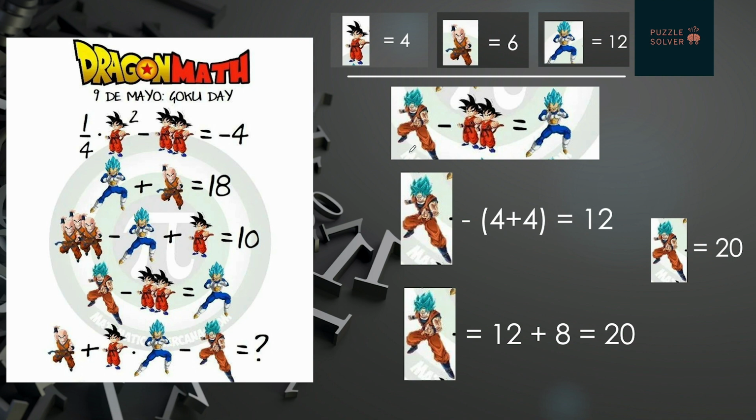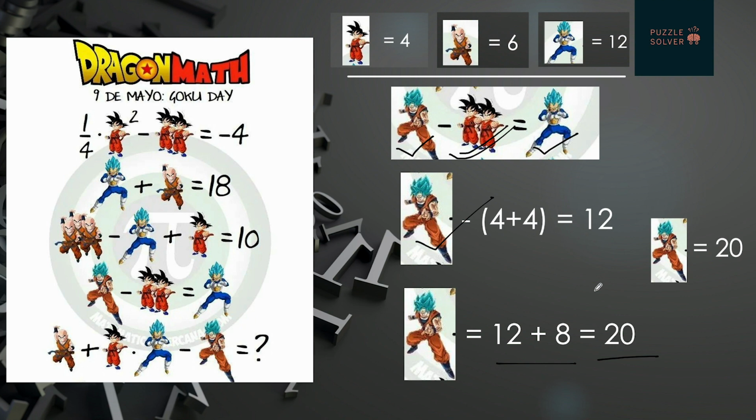In the fourth equation we have 1 Goku minus 2 Gohan is equal to 1 Vegeta. Now we know the value of Gohan is 4, and the value of Vegeta is 12. So we will put the values of Gohan and Vegeta into the equation and solve to get the value of Goku. So Goku minus 2 Gohan, 4 plus 4, is equal to 12. So Goku is equal to 12 plus 8, which is equal to 20.